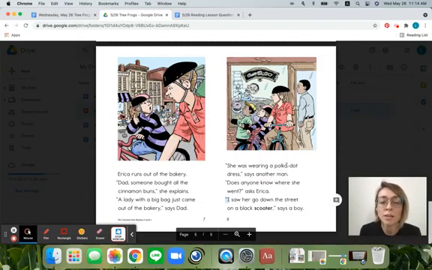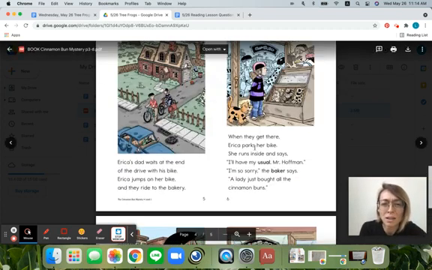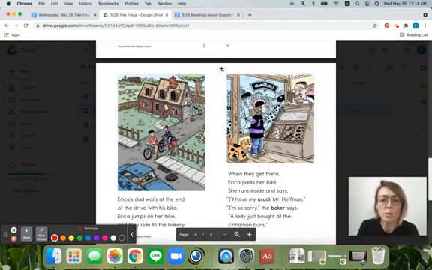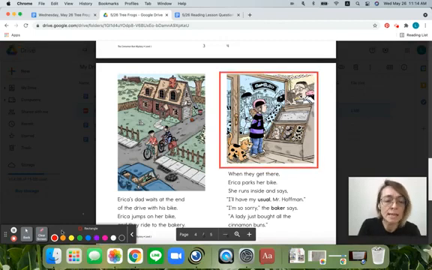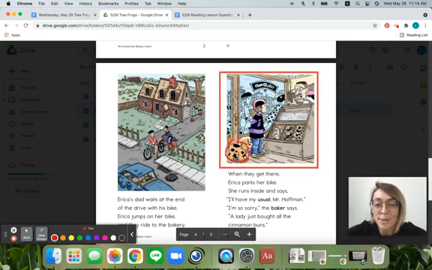But I want to look here. She was wearing a polka dot dress. I think I saw somebody with a polka dot dress. Let's go back. Look at this picture here. So polka dots. That word polka dot means many, many dots. Like this little cat. He has polka dots. Many dots on him. Can you look closely at the picture? Do you see somebody wearing a dress with polka dots? Look out the window.